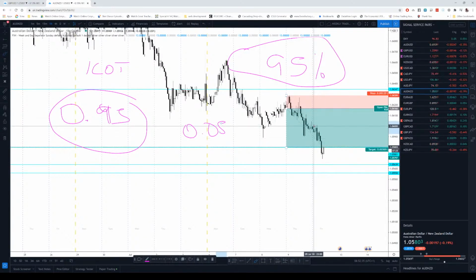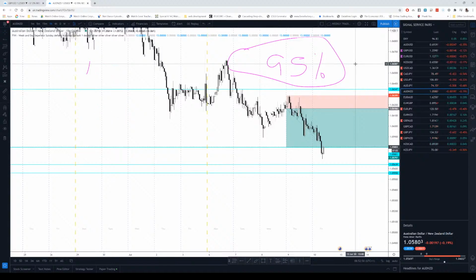Yeah, and I'll trail my stop there. So that's how I will do this. If I was short, I'll trail my stop here, and by that time 95% of my position is off.